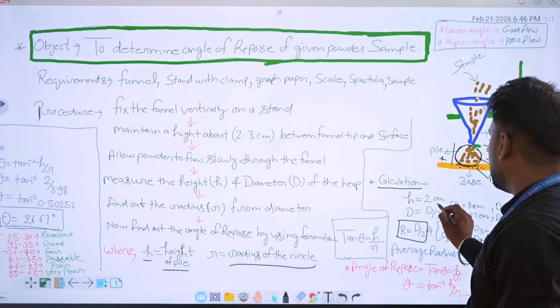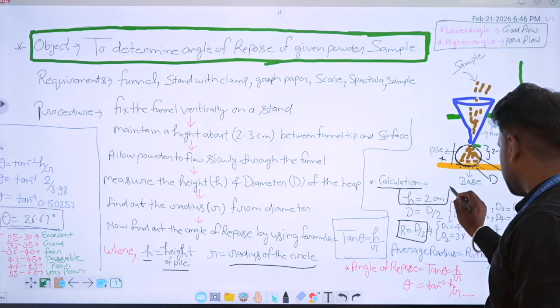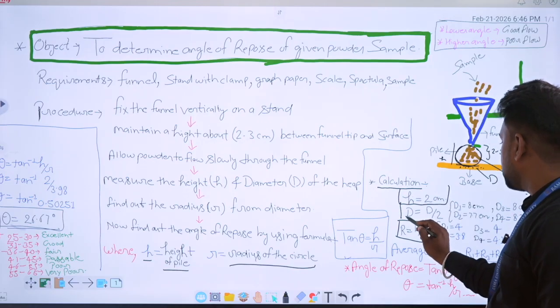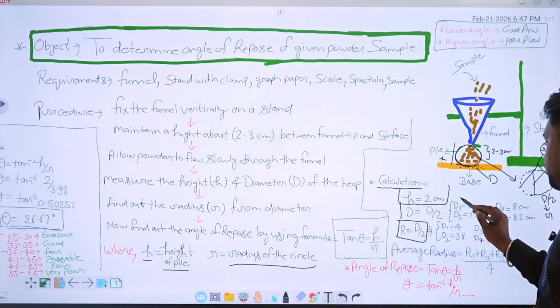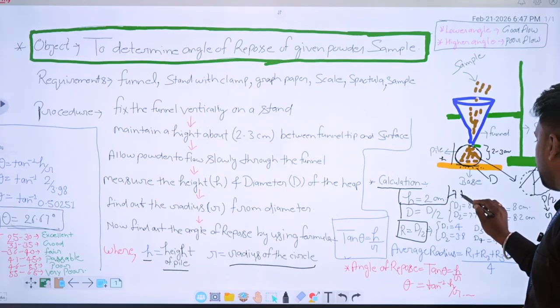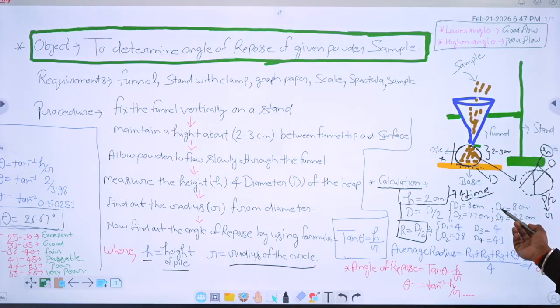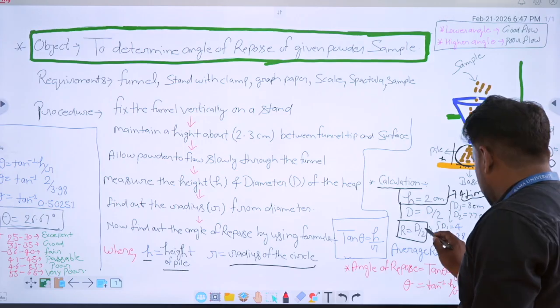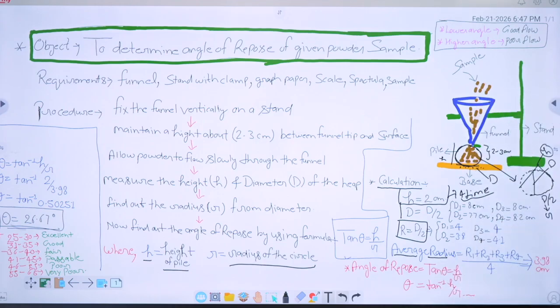h is equal to 2 centimeter, which is fixed. r is equal to d by 2, performed to find the r value. We repeat the procedure 4 times. That's why I have written d1, d2, d3, d4. After that, we find the average radius.